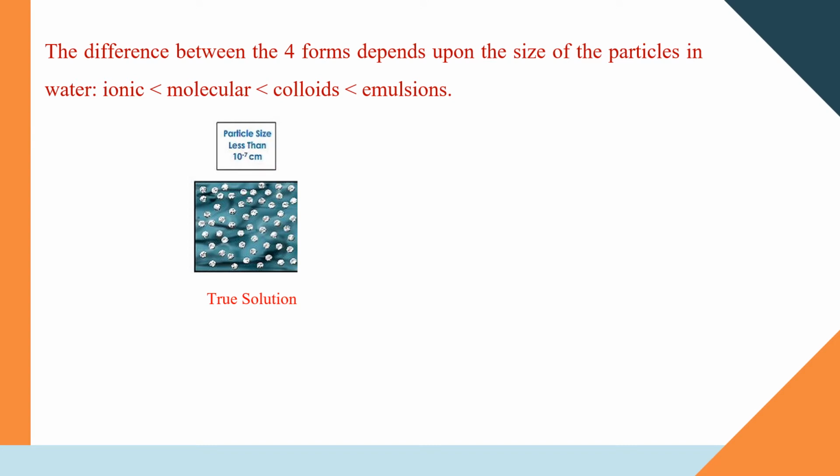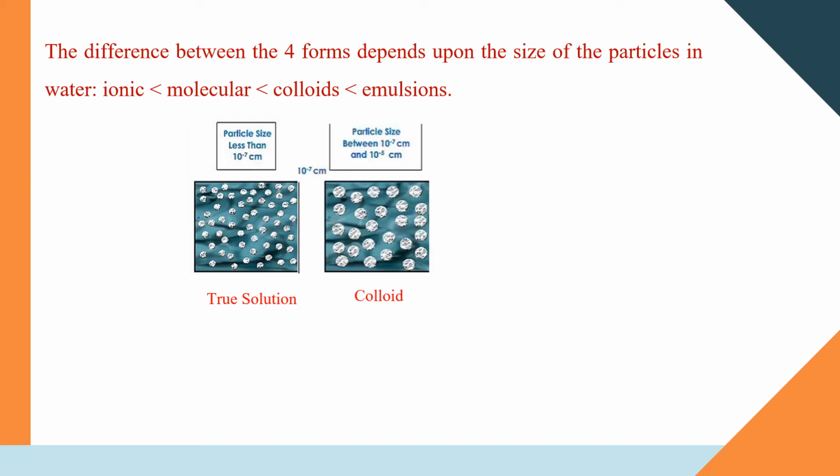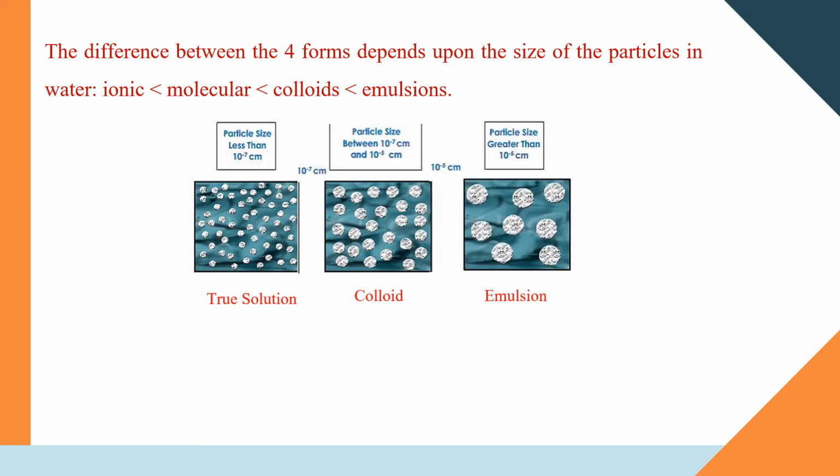If the particle size is less than 10 to the power minus 7, which means it is less than 1 part of million, like minerals, then it is going to form a true solution. But if the particle size is larger, between 10 to minus 7 up to 10 to minus 5, then it can form colloid. If it is larger than 10 to minus 5, then it can form an emulsion.